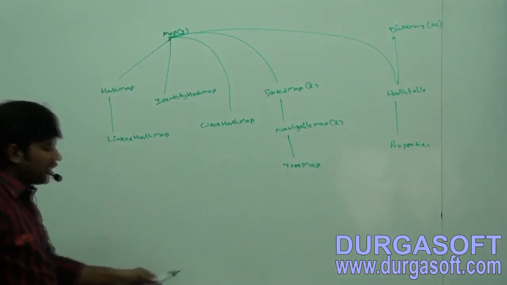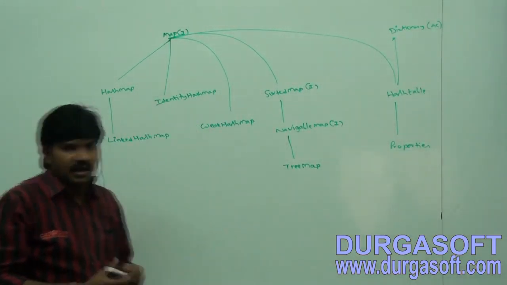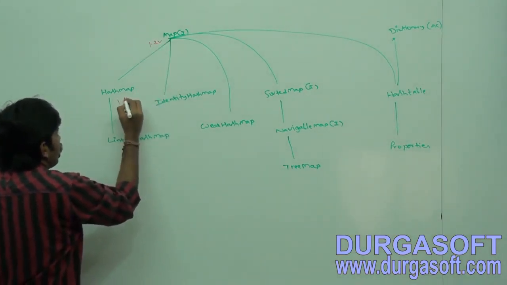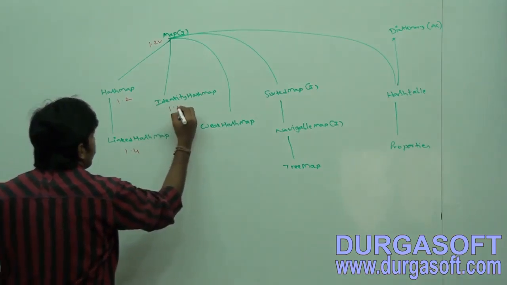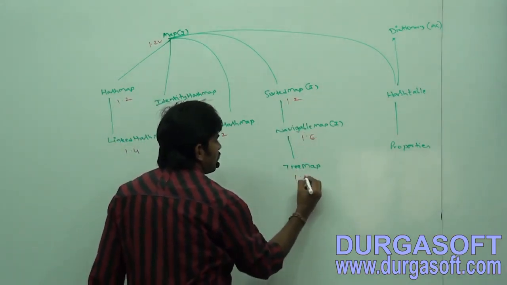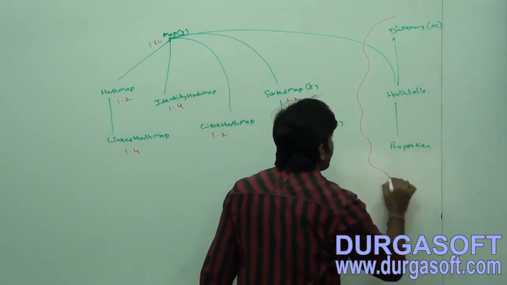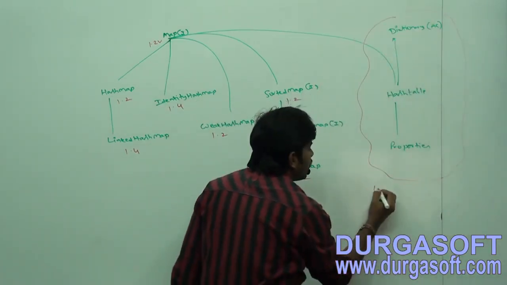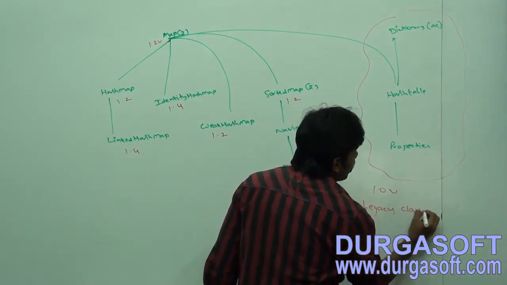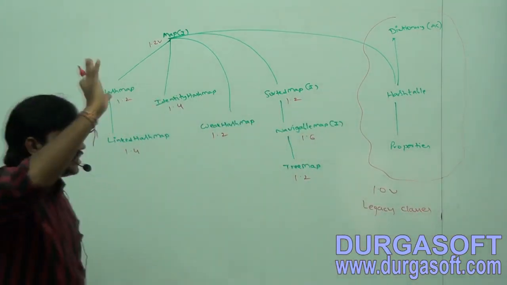I hope you people are aware in which versions these things came into the picture. Map concept came in which version? 1.2, 1.4, 1.6, and this total concept came in 1.0 version. These things are considered as legacy classes.